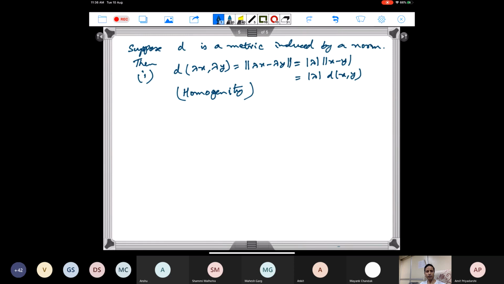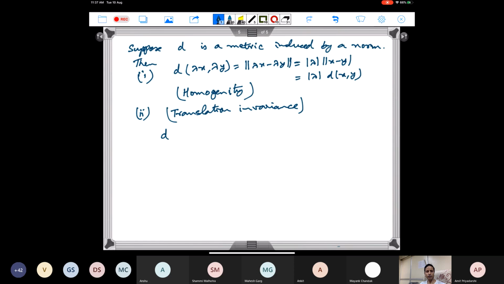Can you see that some other condition is also required? So we also must have translation invariance. What do I mean by this?